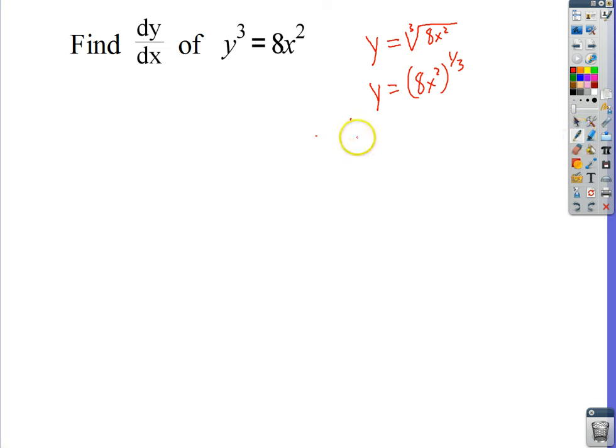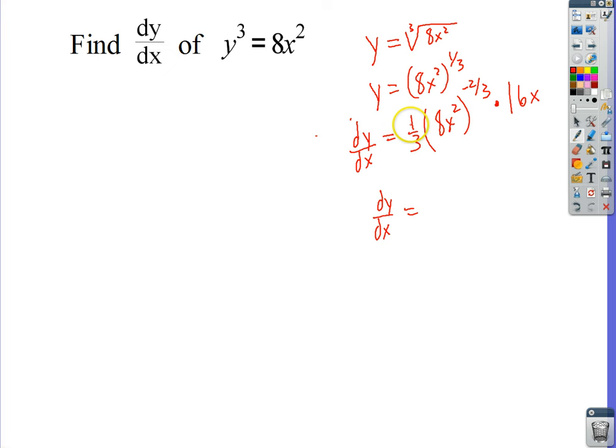And doing the derivative, dy/dx, because I'm taking the derivative of y with respect to x, is equal to, here's my candy shell, 1/3, 8x squared, keeping that chocolate the same, reduce my power by 1, times the derivative of the chocolate, which would be 16x. Now I want to make this a nice happy fraction.